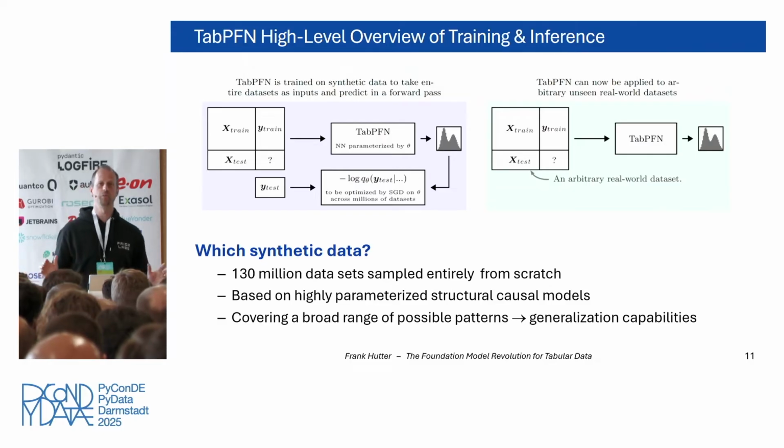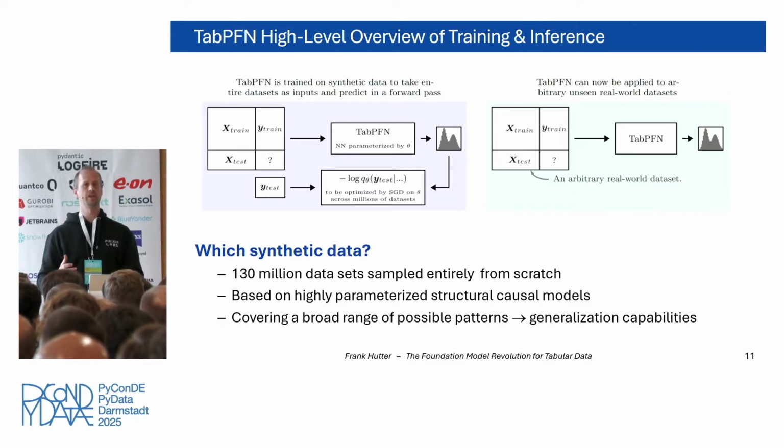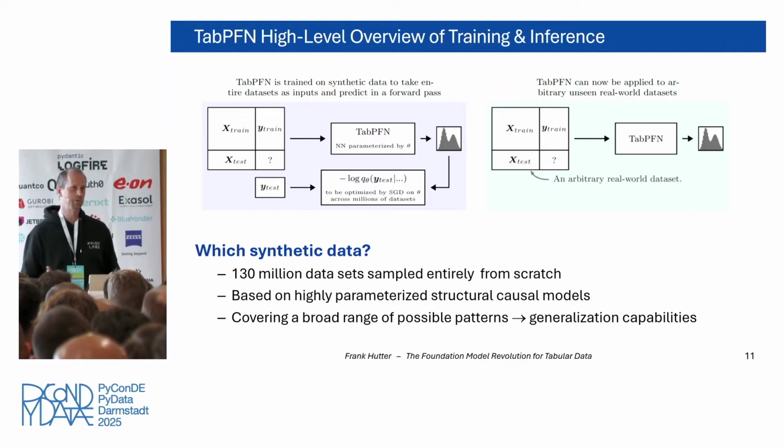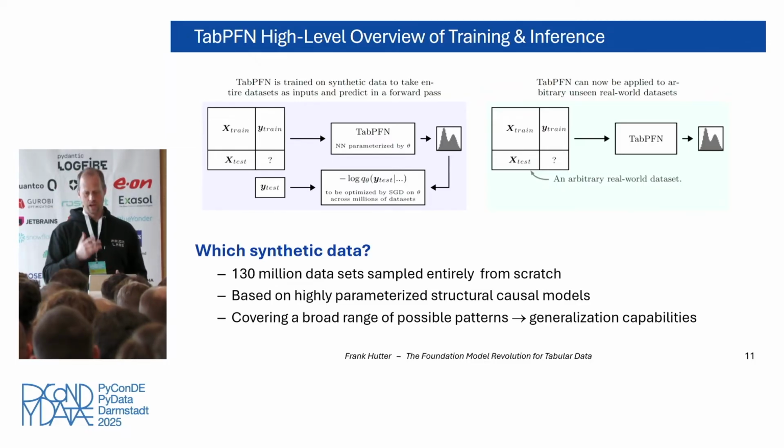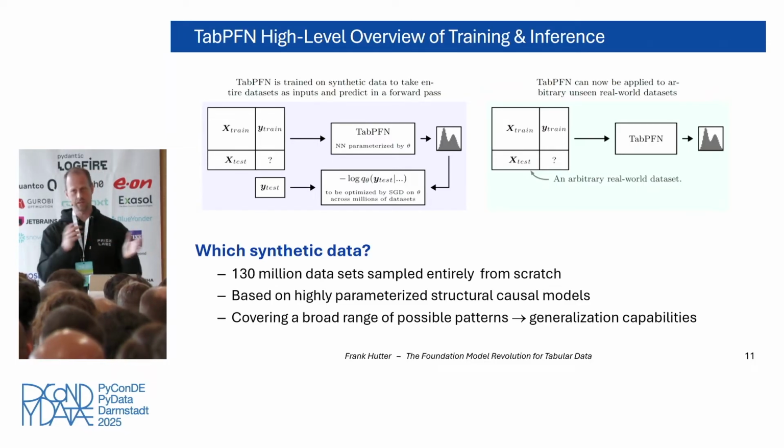There's no training anymore at test time. So in contrast to previous deep neural networks that were really slow to train, and nobody likes this in data science, you want to be really fast. That's why people really like tree-based methods. This just gets the data, does a forward pass, gets a prediction. That's it. And surprisingly, this now works.